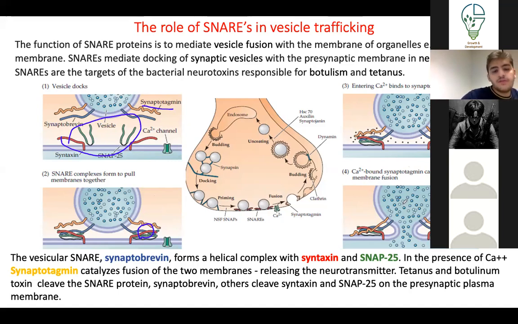Okay, so I'll give you an example. For muscle contraction to occur, you need to release acetylcholine. But when you give botulinum toxin, you don't get the release of acetylcholine, so the muscle remains paralyzed. You can't contract it anymore. Okay, that's one example that you should know.